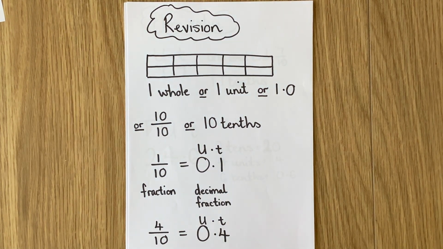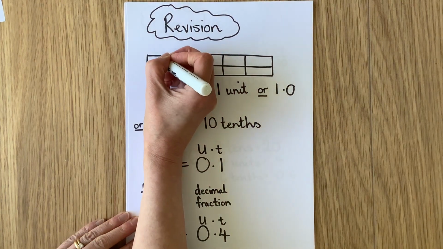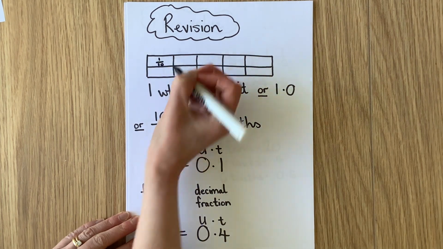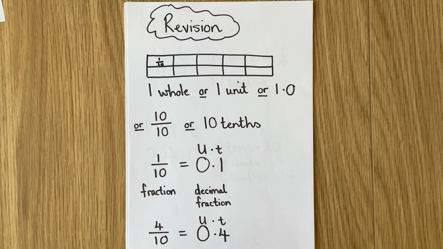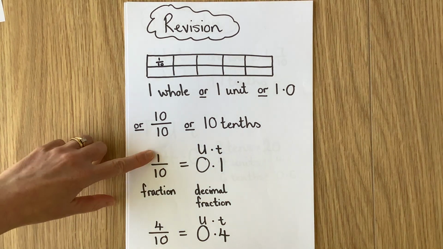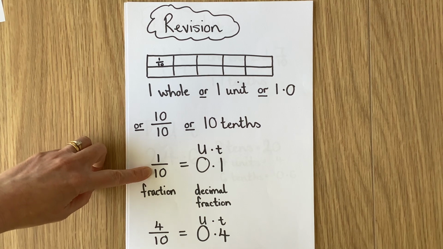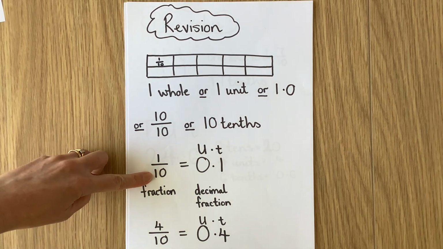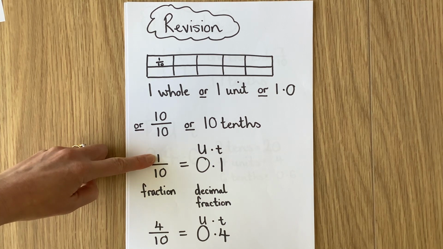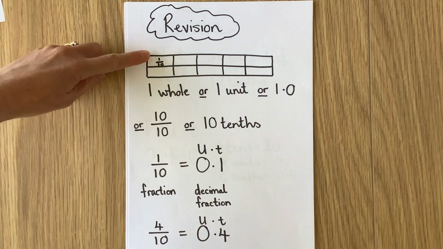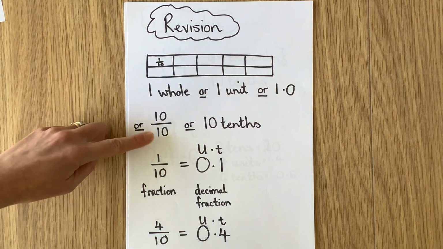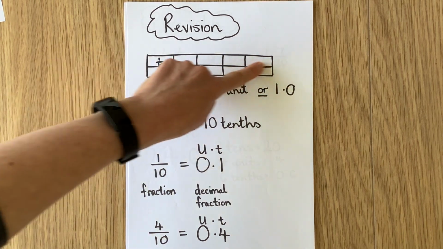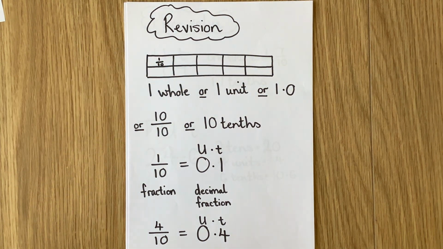So each and every one of these sections is 1/10 of the whole thing. The whole thing has been divided into 10 equal parts. Each one of them is 1/10. Now I can write 1/10 as an ordinary fraction with a numerator and a denominator. The 1 tells me how many parts I'm looking at, just 1 out of 10. The denominator tells me how many parts altogether.